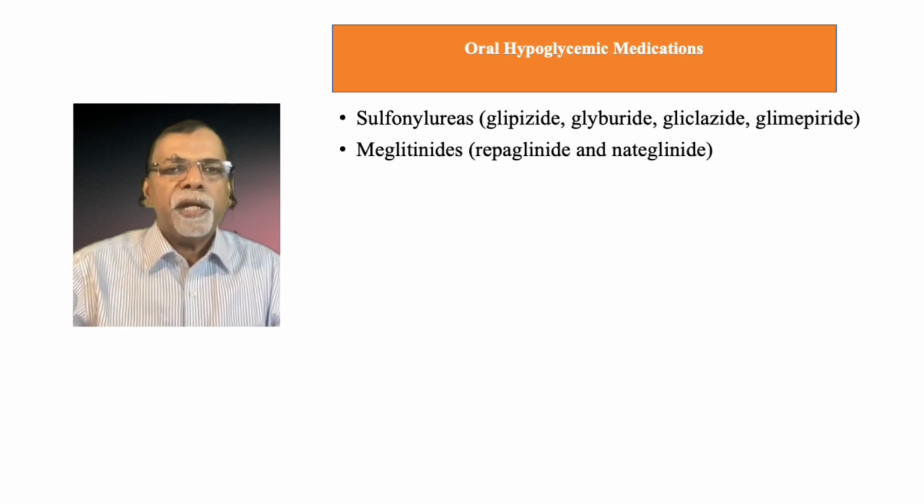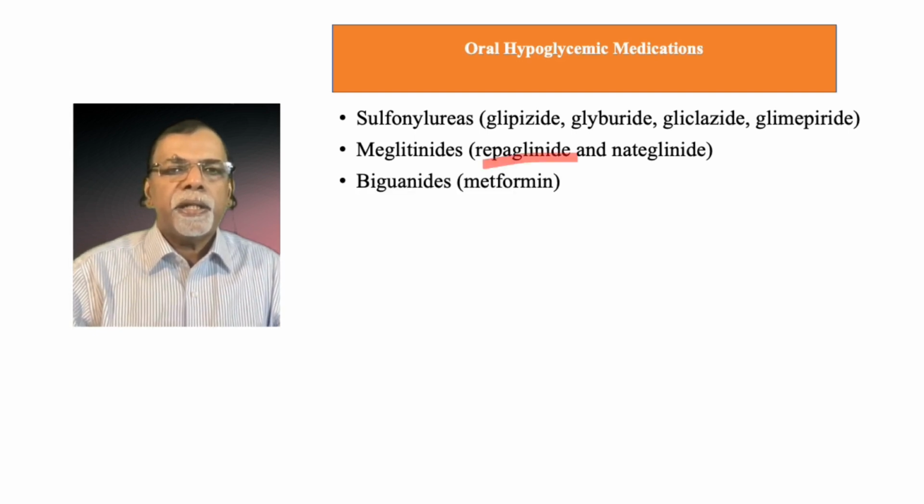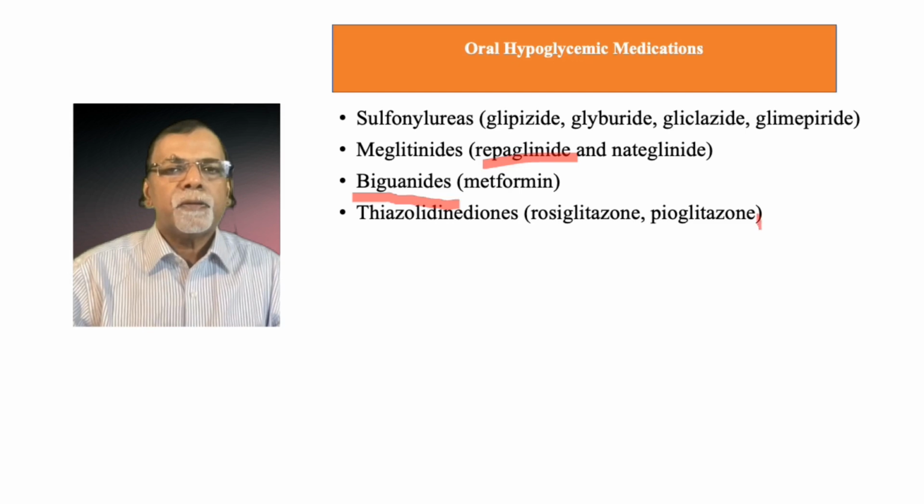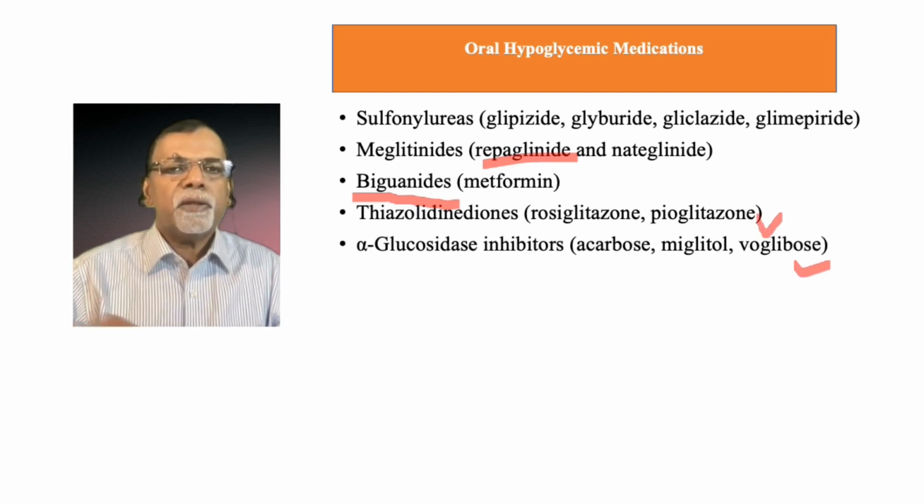Then come the meglitinides, repaglinide and nateglinide, the biguanides, the thiazolidinediones, and the alpha-glucosidase inhibitors, acarbose, voglibose, etc.